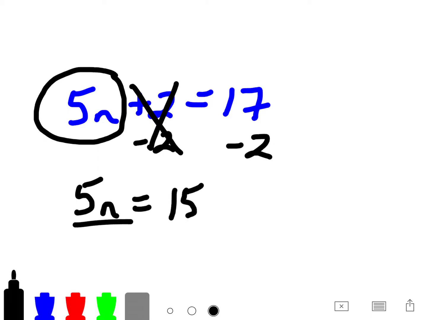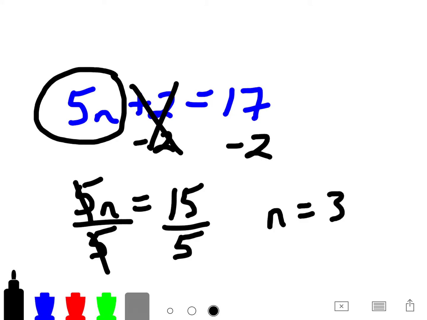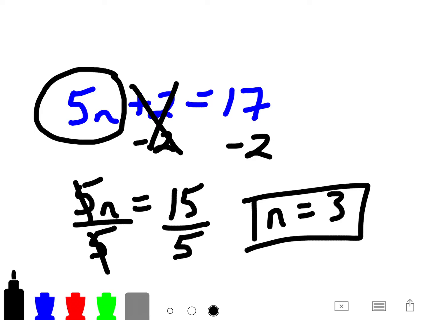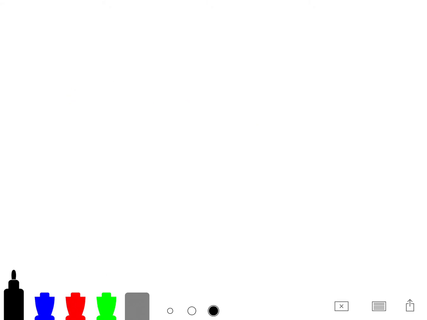And we can divide both sides by 5, because that's the opposite of multiplying by 5. This becomes a 1, n is by itself, n equals 15 divided by 5 is 3. So that's two-step equations. Not so bad, right? You just want to undo that addition and subtraction before you undo the multiplication and division. So let's take an example of a multi-step equation.